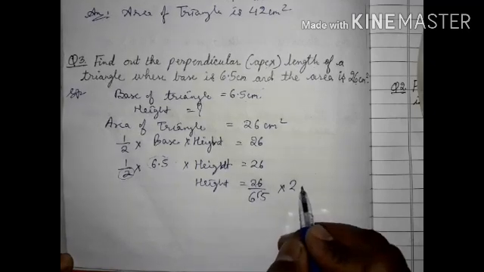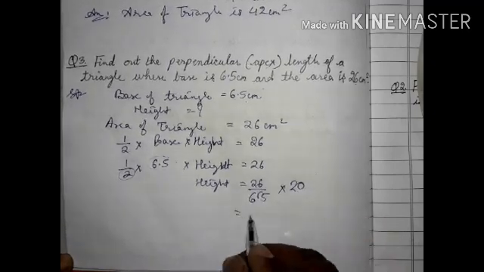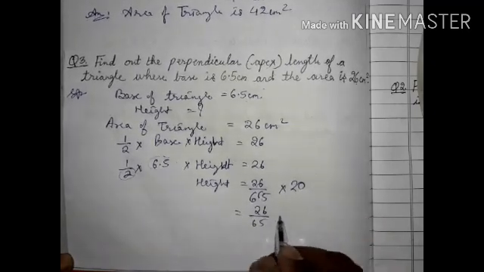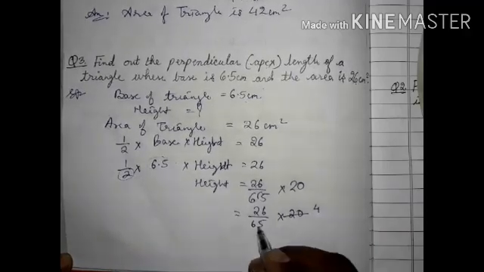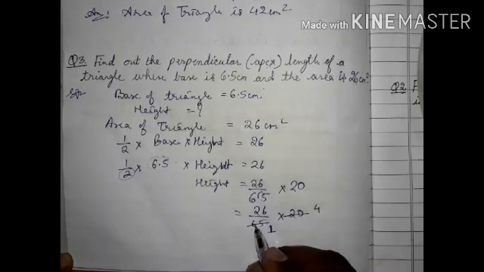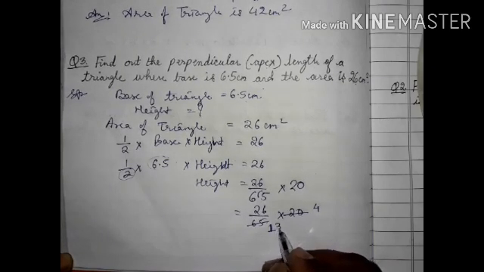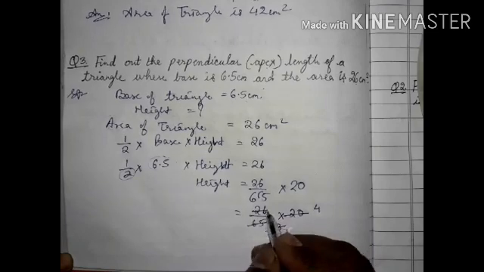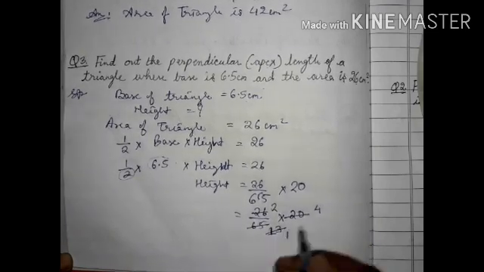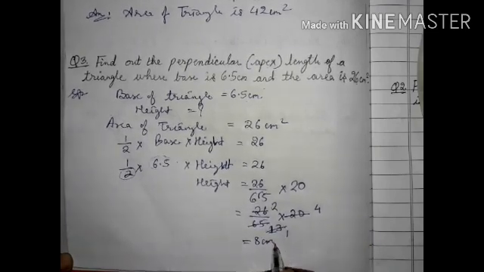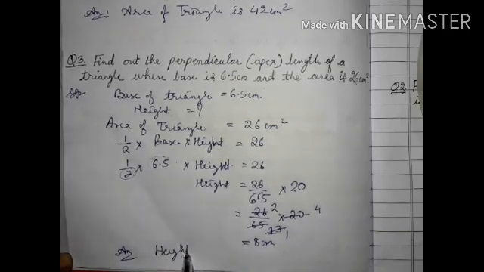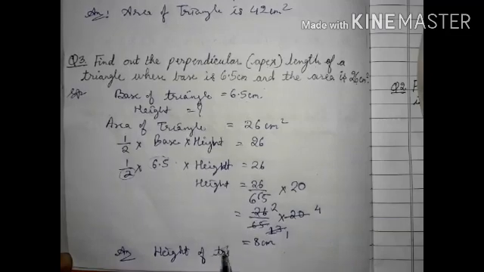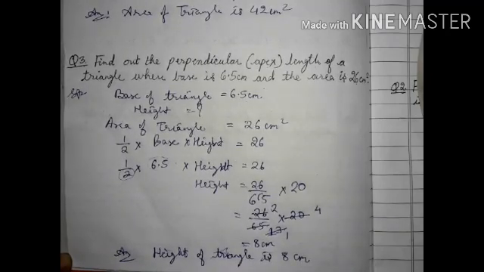Now remove the decimal, we have to write here 0. So 26 upon 65 multiplied by 20. 5 4s are 20, 5 1s are 5, 5 3s are 15. 13 1s are 13, 13 2s are 26. So 2 4s are 8 centimeter. So your answer is: height of triangle is 8 centimeter.